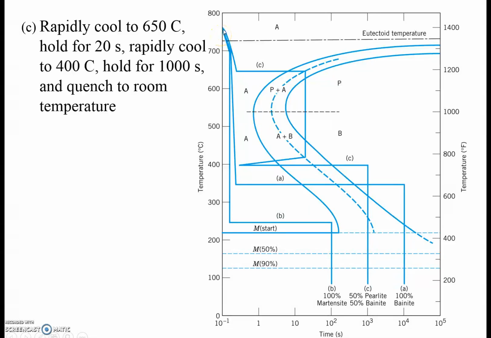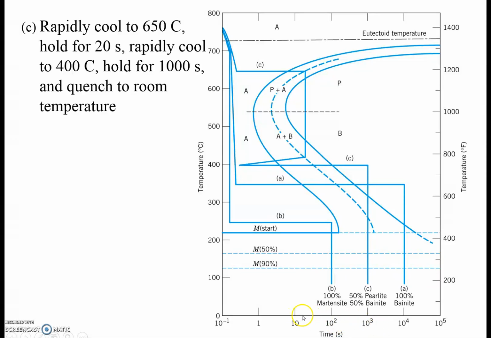So I'm rapidly cooling from above the eutectoid temperature and I'm going to 650. So I should be somewhere here, and then I hold for 20 seconds and I end up about here. Let's check on the x-axis what's going on. Remember, this is a log to the base 10 type scale, because notice I have 10 here, then 100, then 1000, and so on.